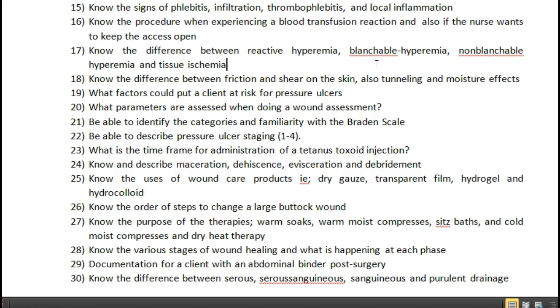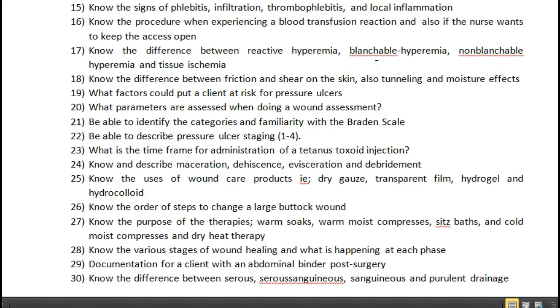It stays red even after you palpate it. A lot of times they say that indicates tissue damage. So when you press a finger against that red area, it does not turn lighter in color. Usually they say that's indicative of some type of deep tissue damage, and it's commonly the first stage of a pressure ulcer development.